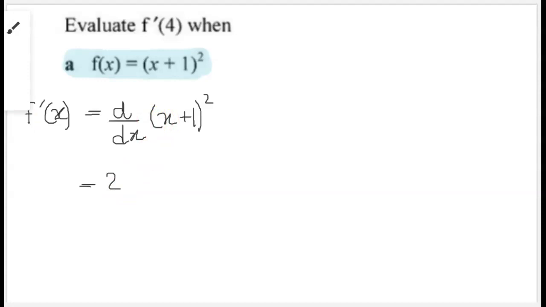Imagine this thing is a box. Let's call this one a box. According to the rule, the 2 comes out, reduce the power of the box by 1, and then differentiate the box as well.